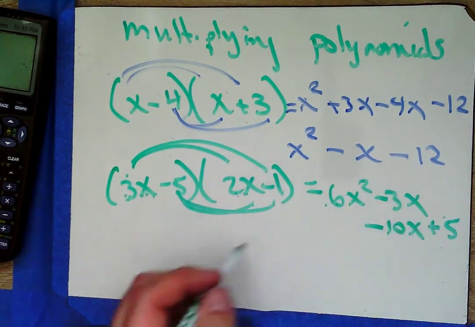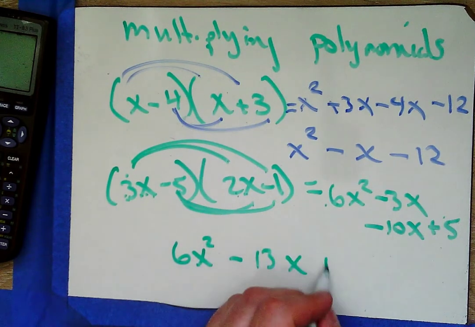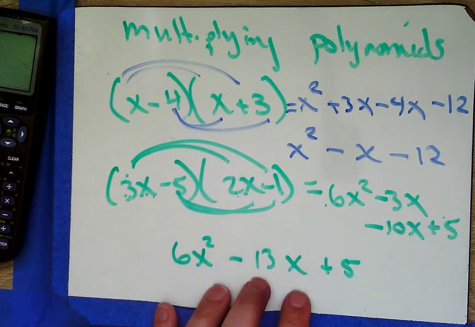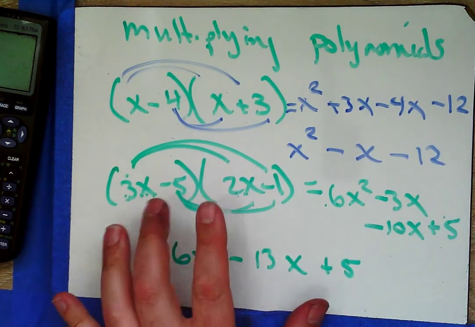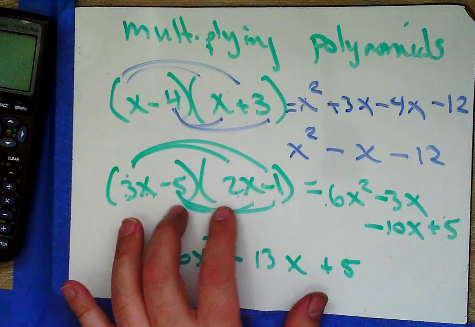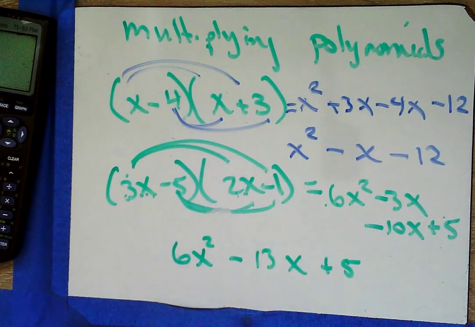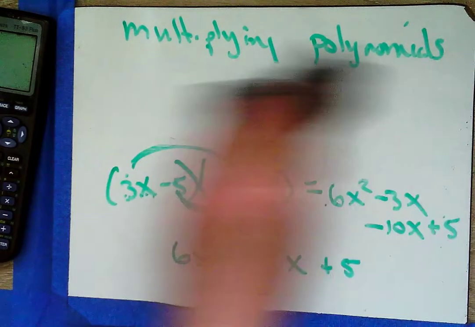When I combine these like terms, I end up with 6x squared minus 13x plus 5. Okay, and in our next video, we're going to go from this polynomial into its factored form. But for now, we're taking this factored form of a polynomial and foiling it to get back to our original polynomial. This is actually going to be the way that we check our factoring.